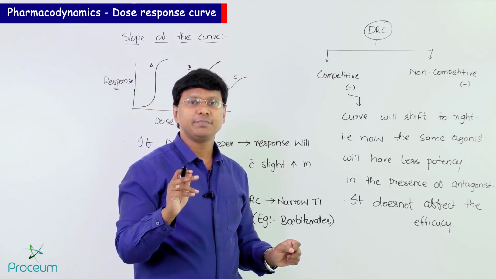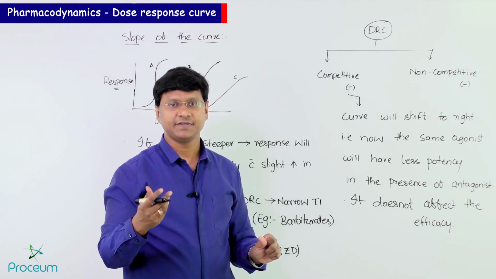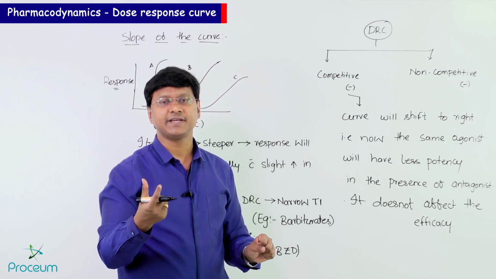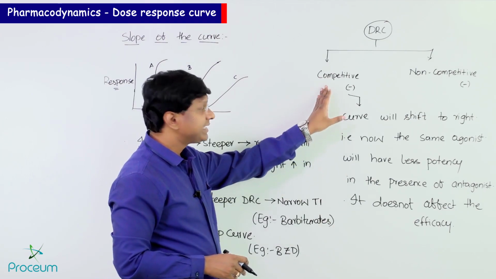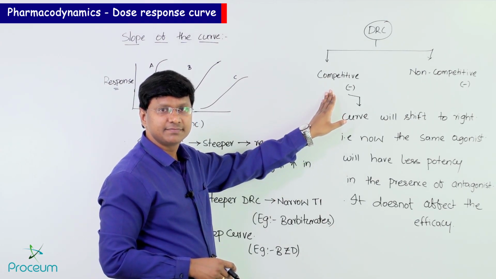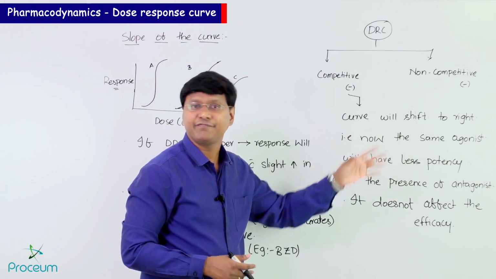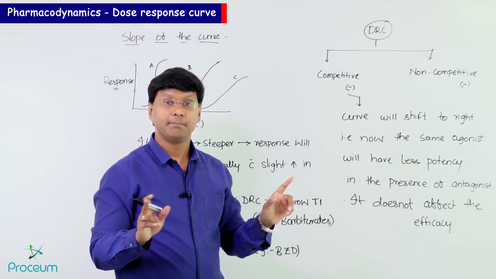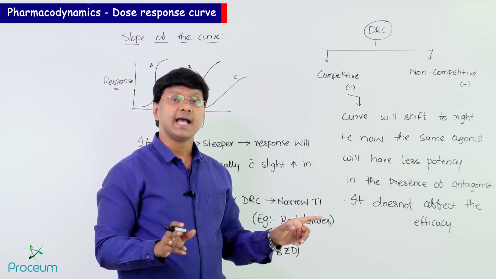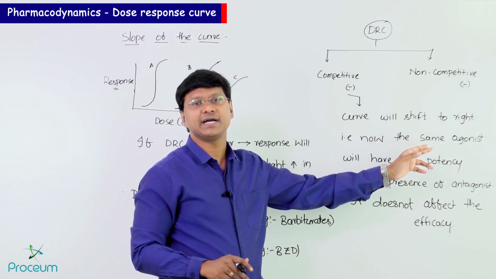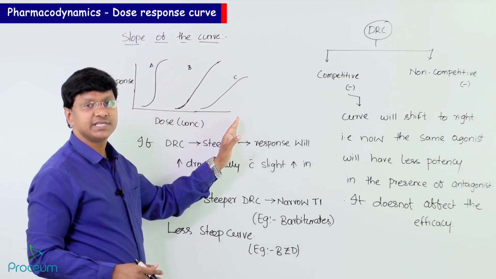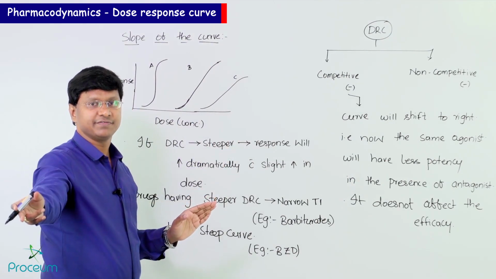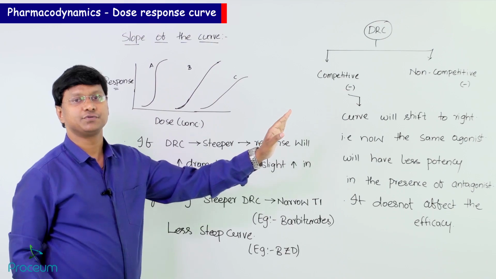What do you mean by the word efficacy? Efficacy is the maximum effect which is produced by the drug. So in case of competitive inhibitor, the agonist efficacy will not be affected, but the antagonist is trying to compete with the agonist. That is the reason why the dosage of the agonist increases to produce the same effect, and the graph shifts to the right.